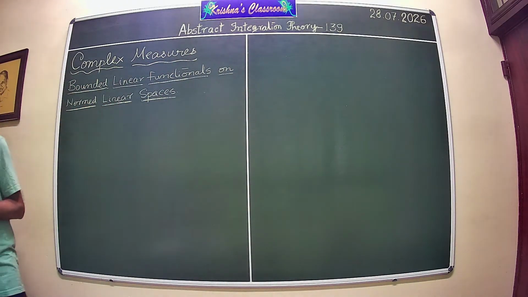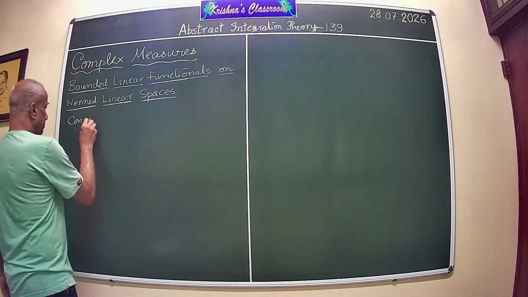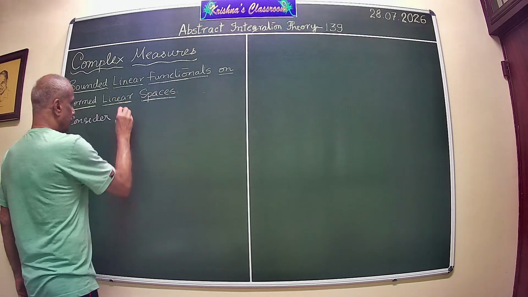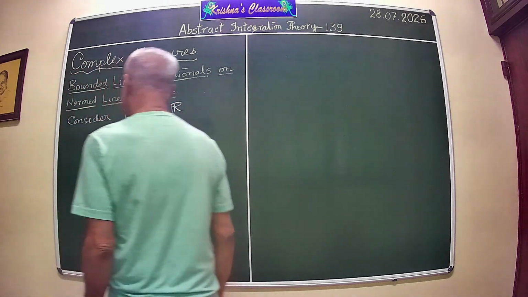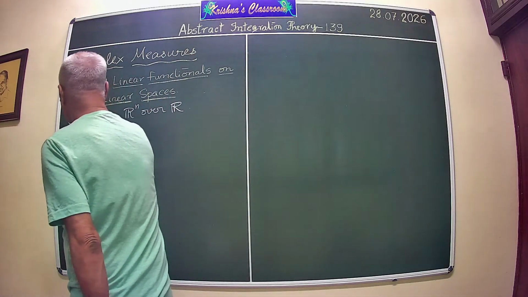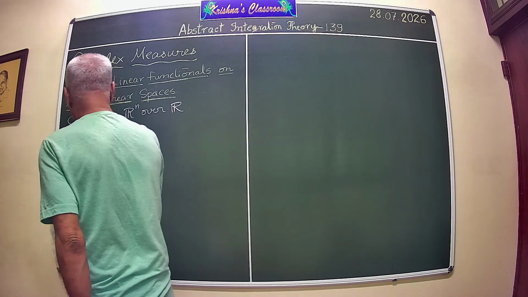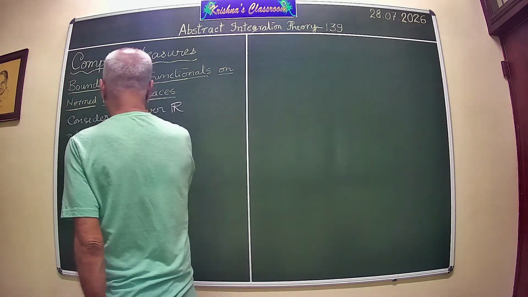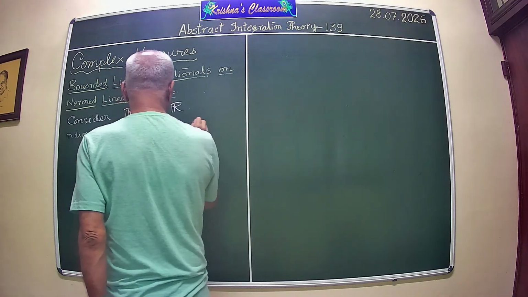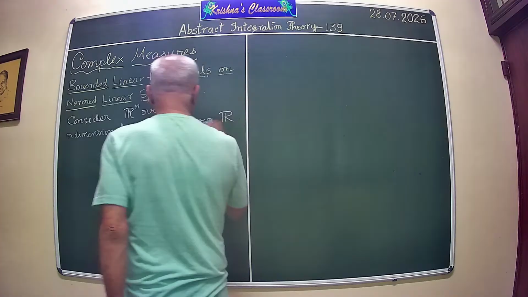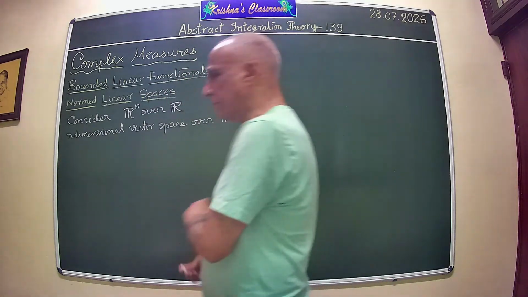A model for that is Rn over R. Consider Rn over R. It's an n-dimensional vector space over R, therefore it has a basis.